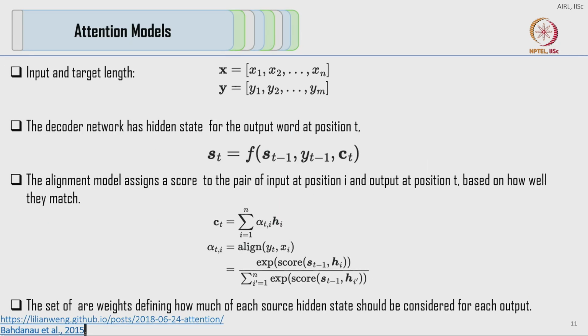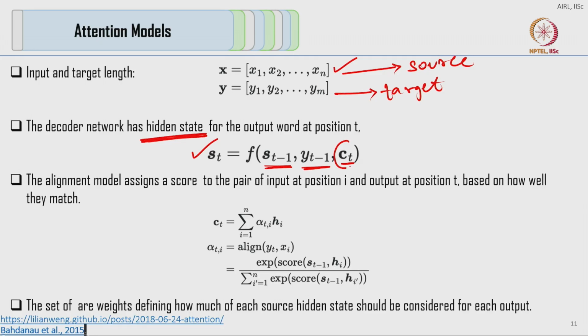Now, let us say that we have an input which is the source, and we have an output which is the target. The decoder network has the hidden state of the output layer, defined as st, which is a function of the previous hidden state of the output, that is, the previous state of the output itself, and the context vector, right.